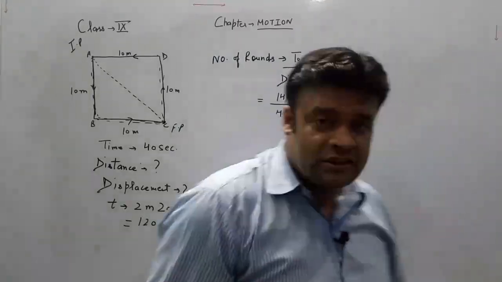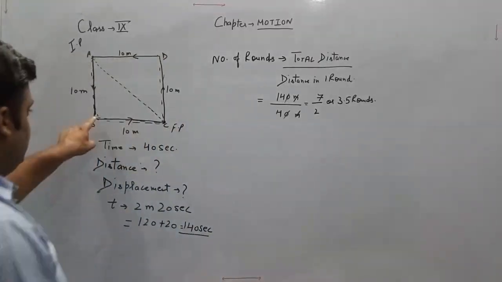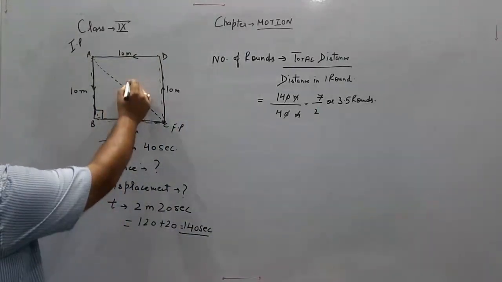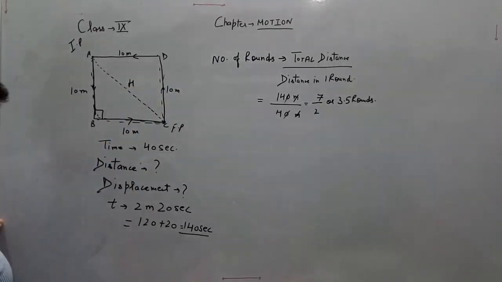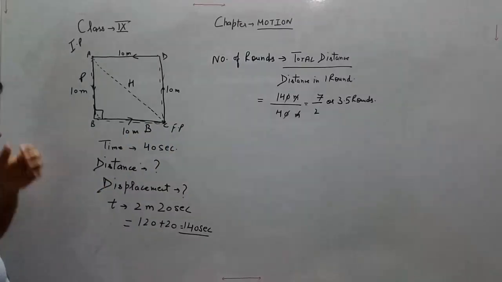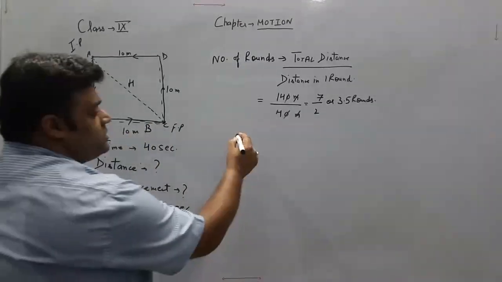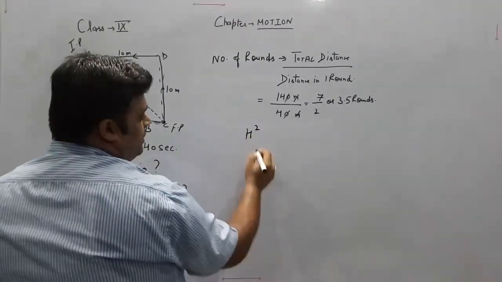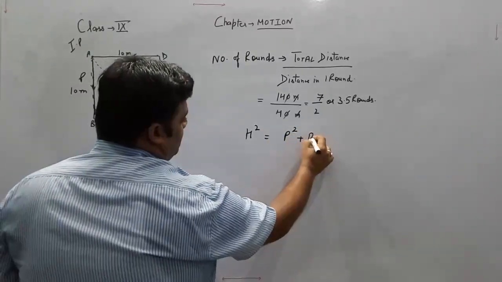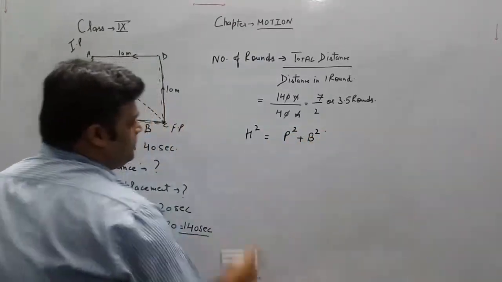How to find the value for this diagonal AC? In the square, angle B is of 90 degrees. Side opposite to angle B will be the hypotenuse, this will be perpendicular and this will be base. So by simply using Pythagoras theorem, hypotenuse square is equal to perpendicular square plus base square.